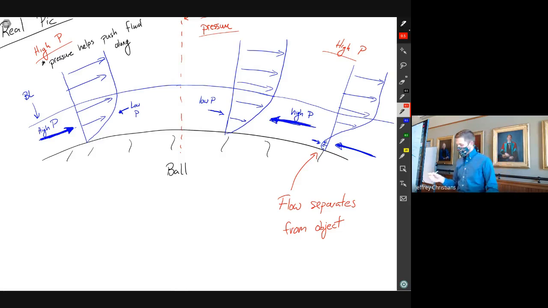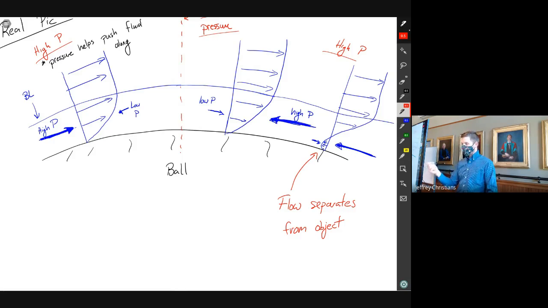You can think about it like a force balance case: we have a net force from pressure pushing to the left, and a net force from viscosity trying to drag things to the right. It just so happens that pressure is winning.